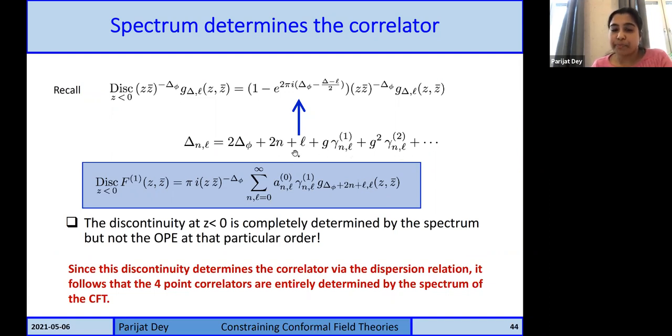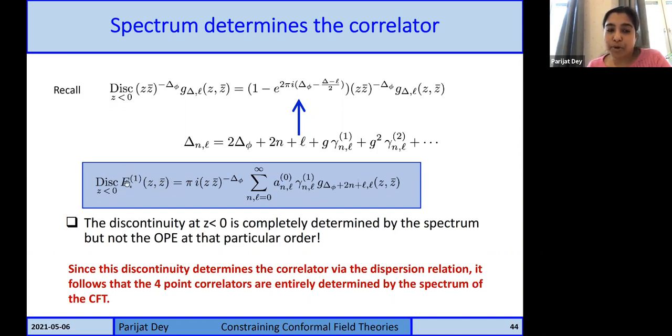If we plug this into this expression, you see that due to the form of the phase factor, which is 1 minus exponential of some stuff, the order 0 correction goes away. So it starts at order 1, that is, at order G. Since this is already at order G, this is the form of the discontinuity of this correlator.